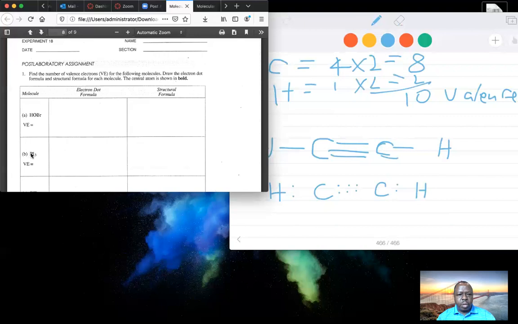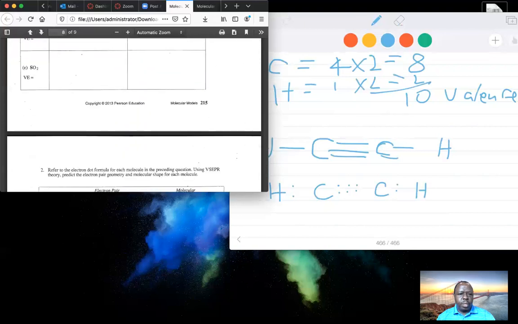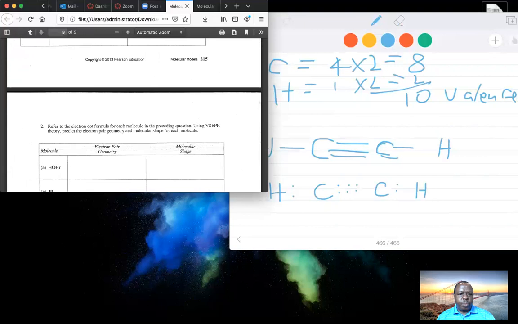Phosphorus is your central atom hooked up to 3 iodine. Find the total number of valence electrons, and that will be it for part one.